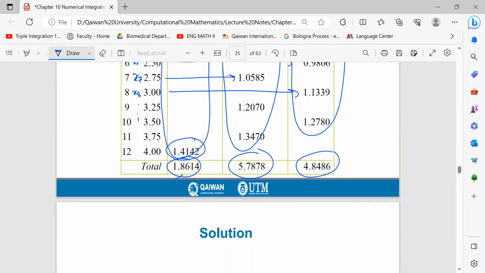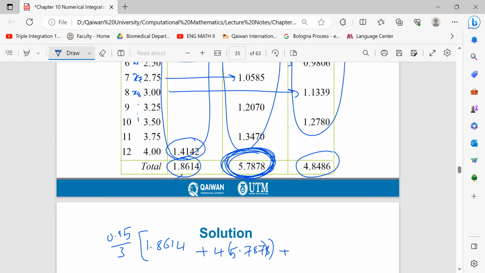Here, we say it is h over 3. H is 0.25 here. Times first and last, which is 1.8614, plus 4 times the odd ones. These are the sum of odd values. Okay? 4 times this, 5.7878.